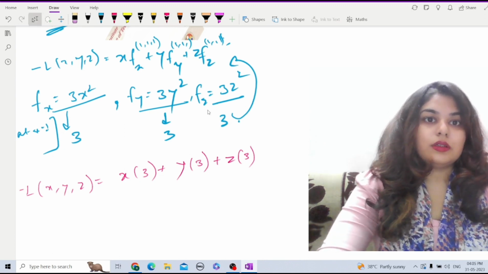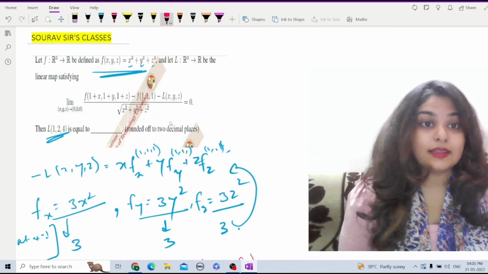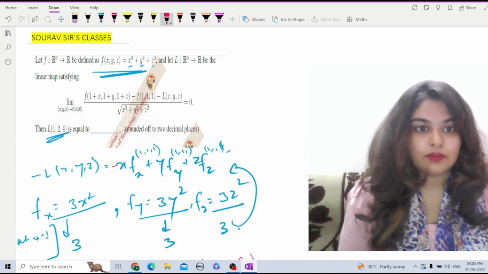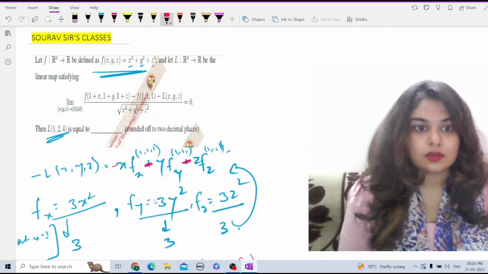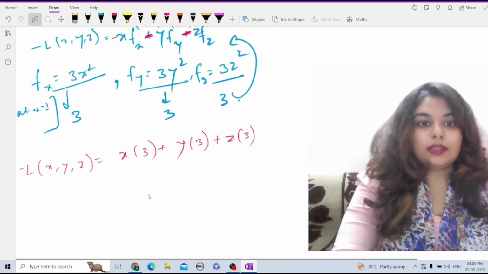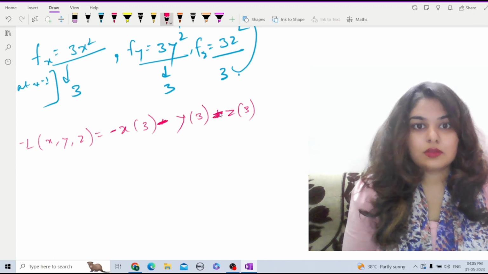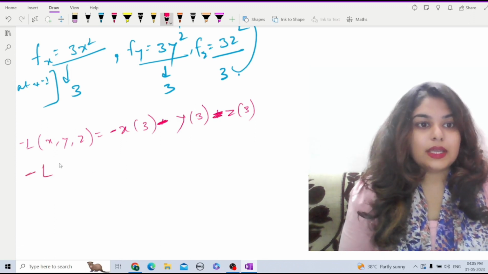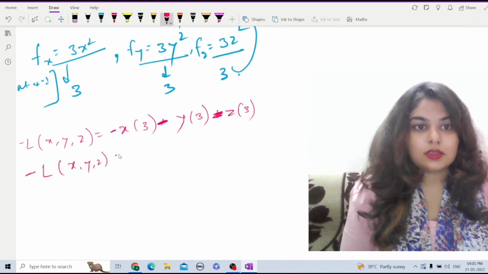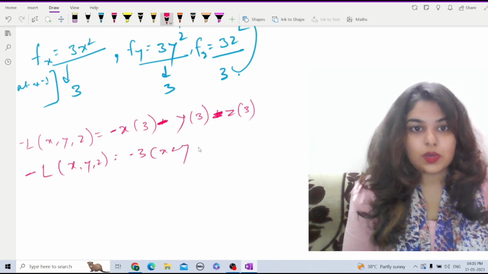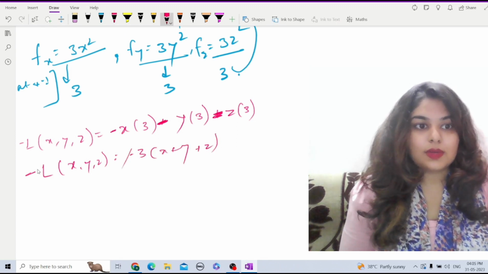One more thing to be noted is the sign, that there is a minus sign here. So this should be minus, minus, minus. That means minus, minus, and minus. So if we take all the minus 3 as common, then this is equal to minus 3 of x plus y plus z. So minus minus gets cancelled.